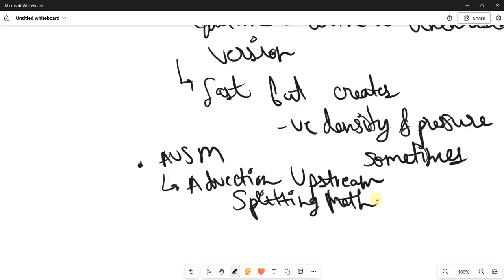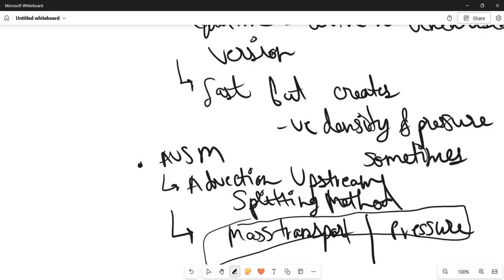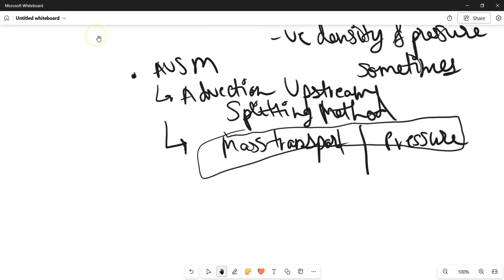You have a separation between mass transport and pressure. What it does is separate these two and solve them independently instead of treating them together. That's all this does.